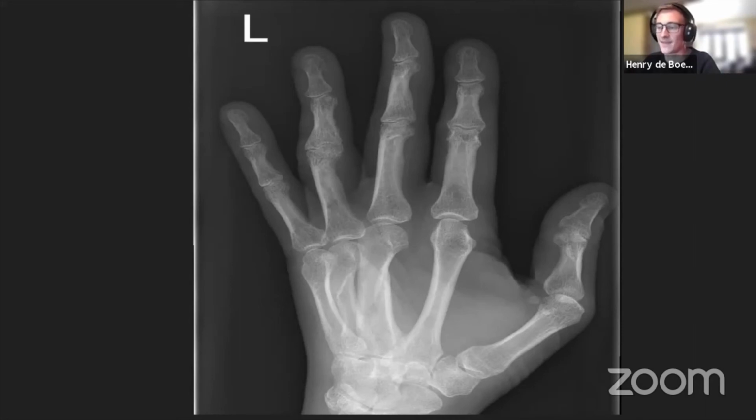It was perilunate dislocation that was associated with triquetral fractures, whereas lunate dislocation is associated with scaphoid fracture.